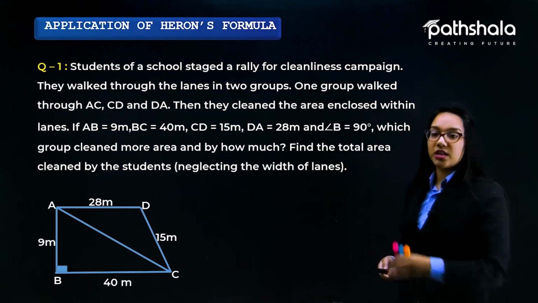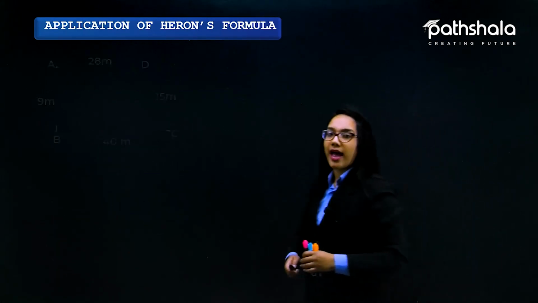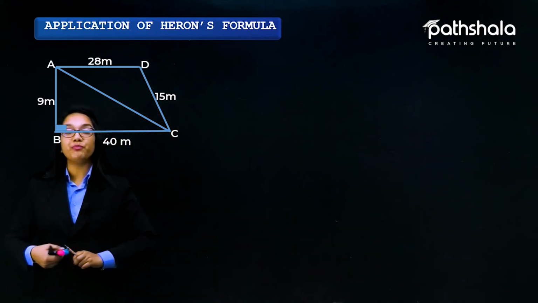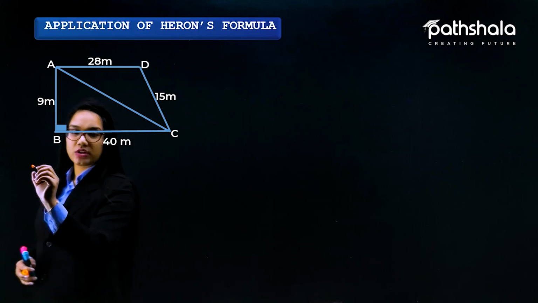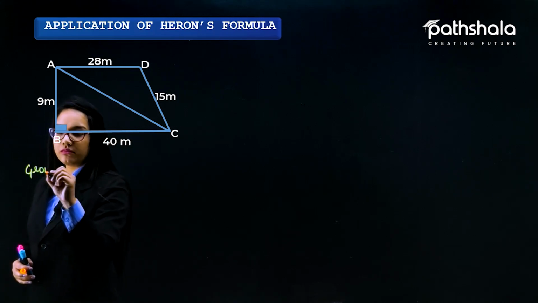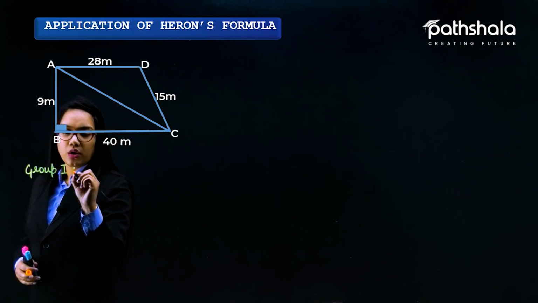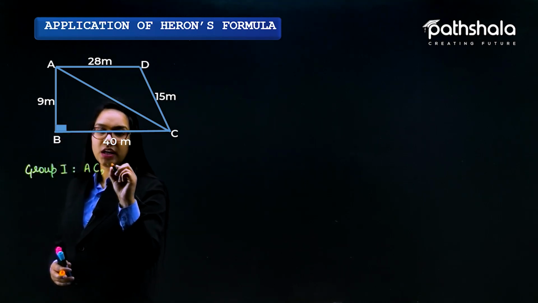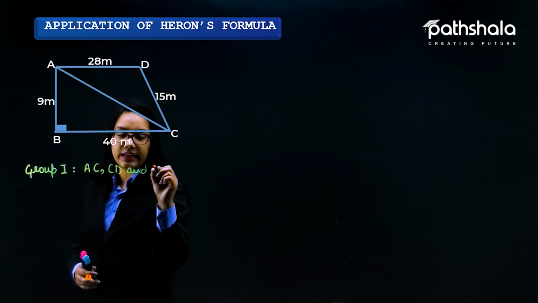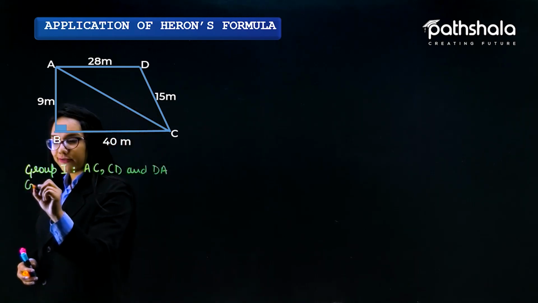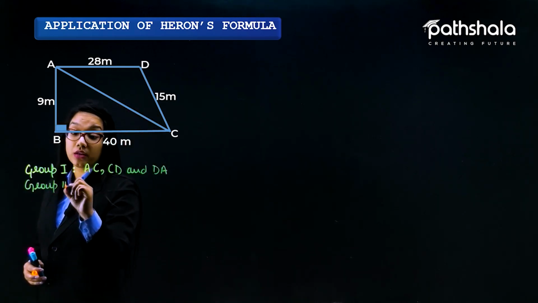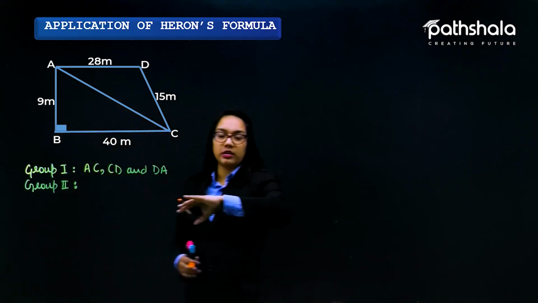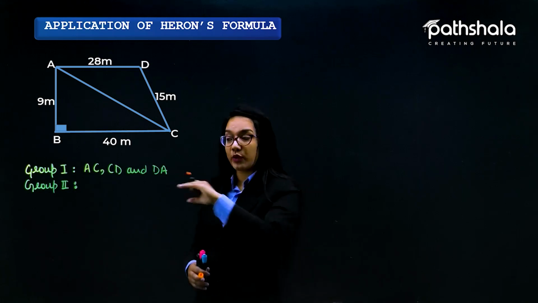Let us take this figure again. According to the question, the first information given to us is that group 1 was cleaning the lane by walking on AC, CD, and DA. This is additional information which is not present in the question, but I'm giving it here related to that question.